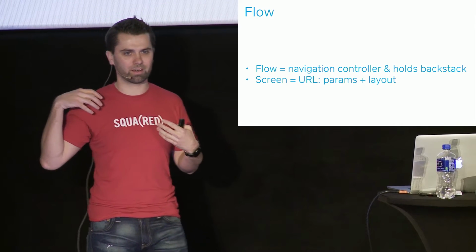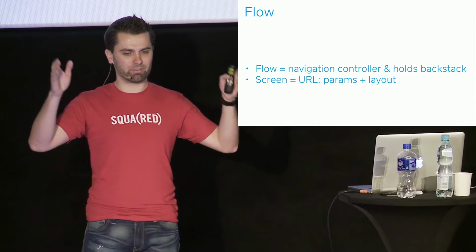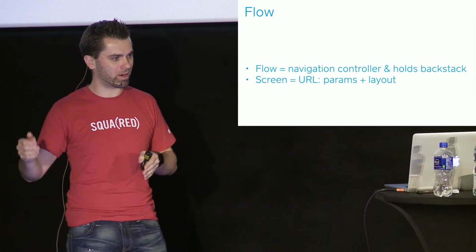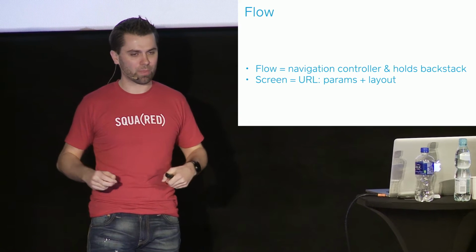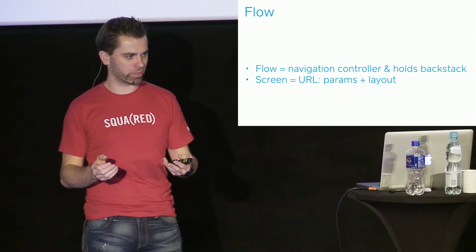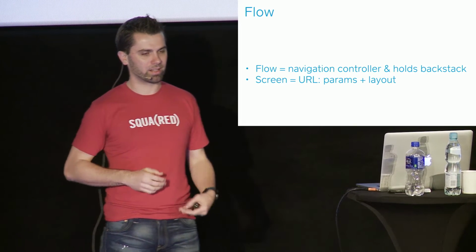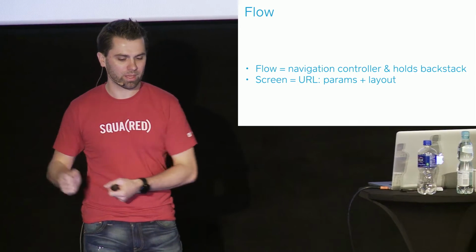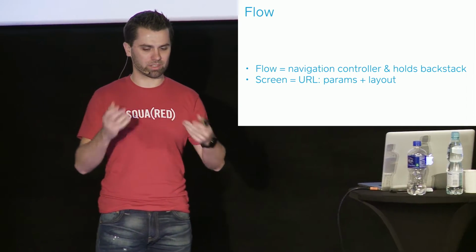You have to think as in a browser, every URL is like a different screen. And every URL can have a bunch of parameters, and also will eventually render some view. So that's the same idea. Our screen potentially has parameters, like I want you to display the screen to edit this particular item, and it has a layout that it's going to display.